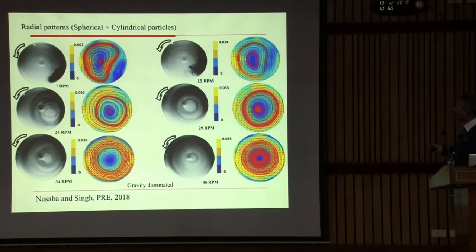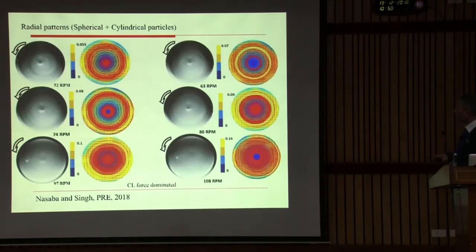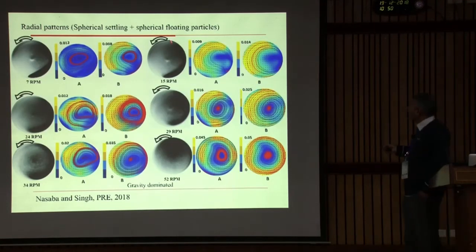As you increase the RPM, they try to come to the center and finally become more symmetric, and the cylindrical particles occupy mostly the region close to the wall of the cylinder. So finally centrifugal force dominates: all the floating particles come to the center and the cylindrical particles go to the wall of the cylinder.